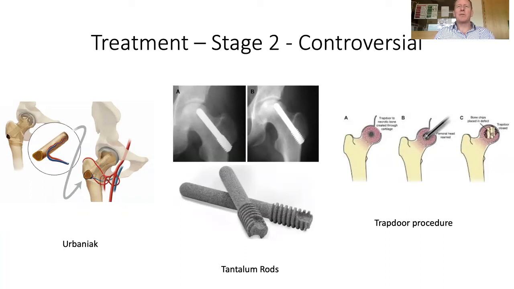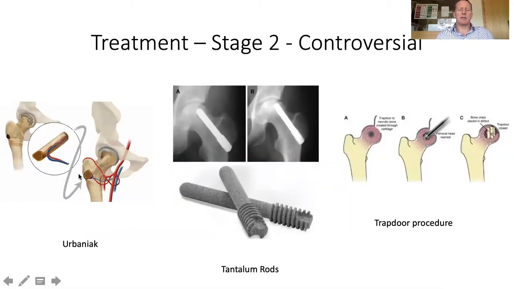The idea, if you want to try and preserve the joint in stage 2 AVN, is to try and prevent collapse and allow some healing to occur. But whilst the healing is occurring, you must give some mechanical support to the cartilage, otherwise it will fall off. And if you can bring some healing tissue, some vital tissue in at the same time, then all well and good.